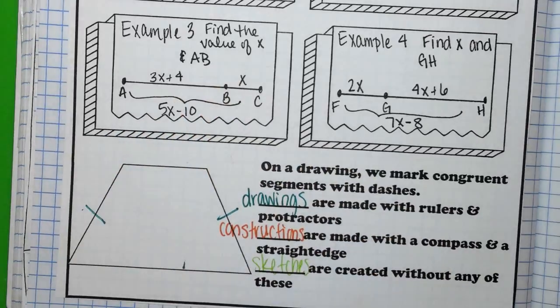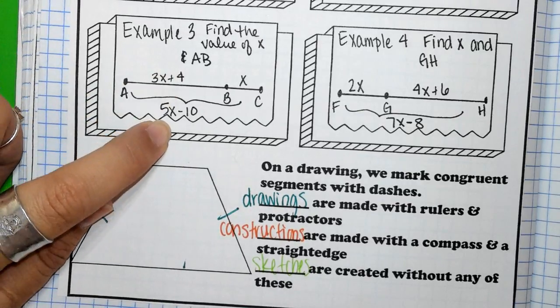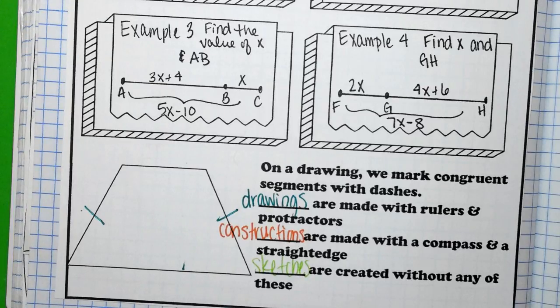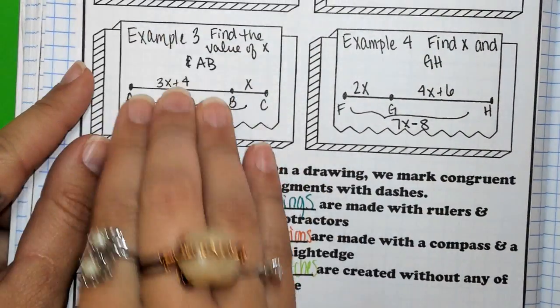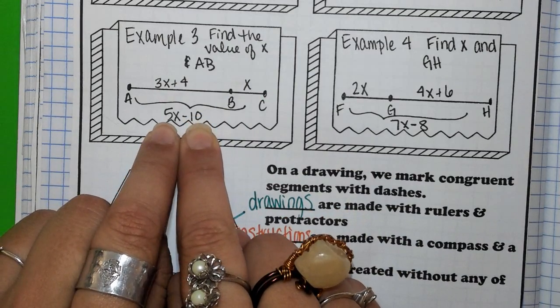No. Close. 3x plus 4 plus x equals 5x minus 10. Add these together. It's the segment addition postulate. You add these together and then set it equal to this.